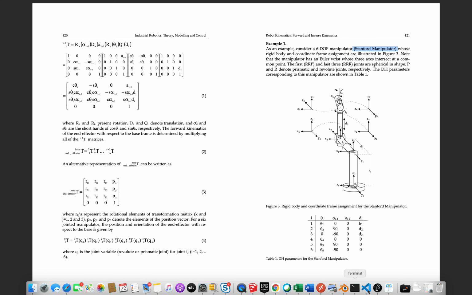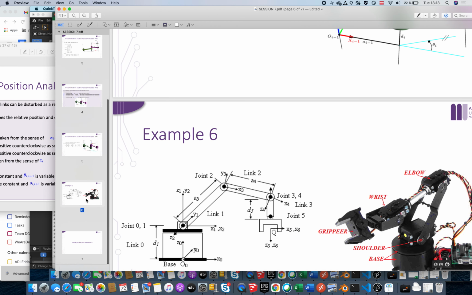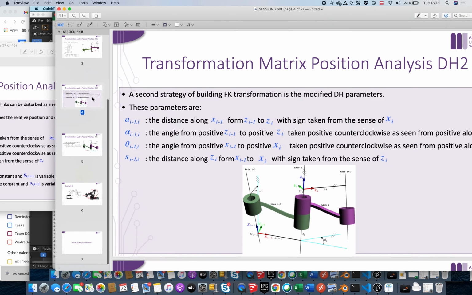If we look back at our slide, which is DH2, it's the angle from positive xi to positive xi plus 1, the angle between the two axes, and the rotation is around zi.